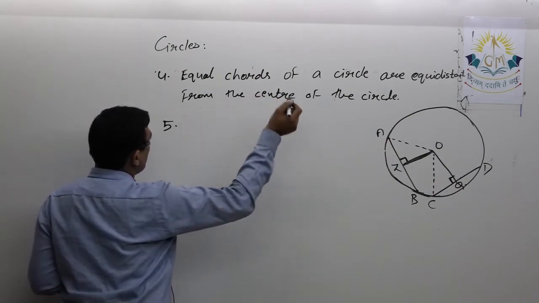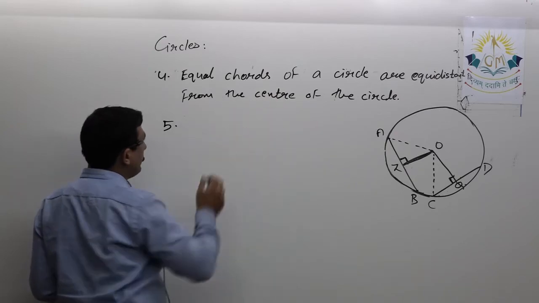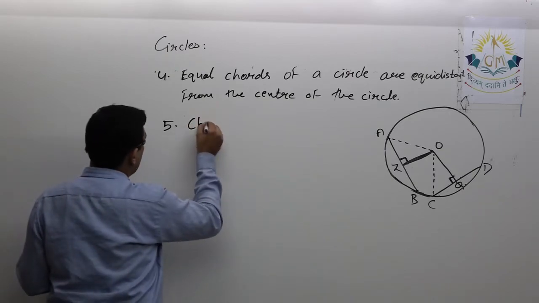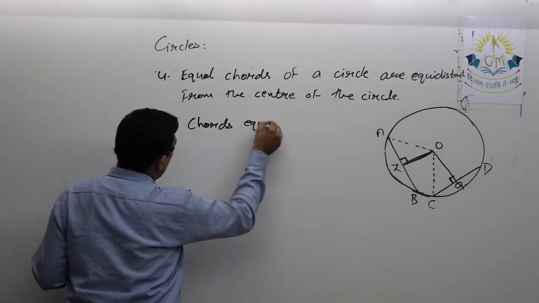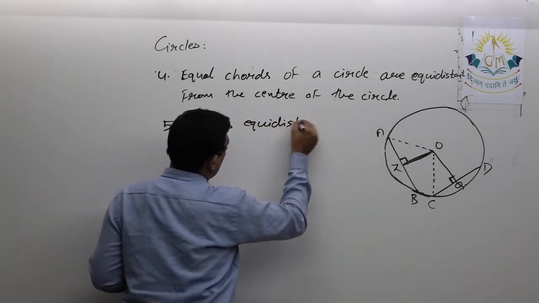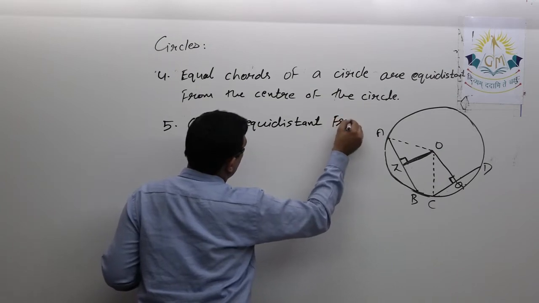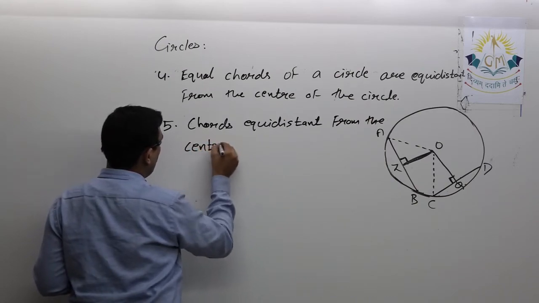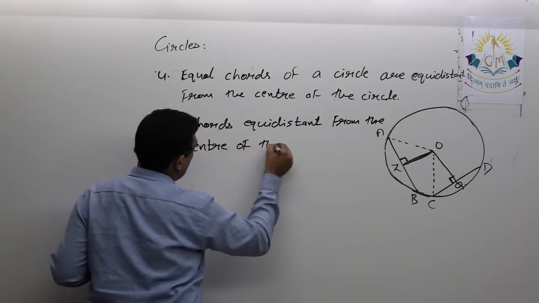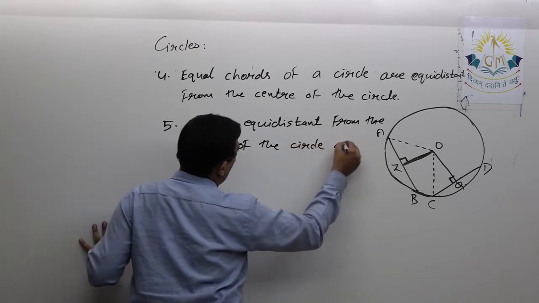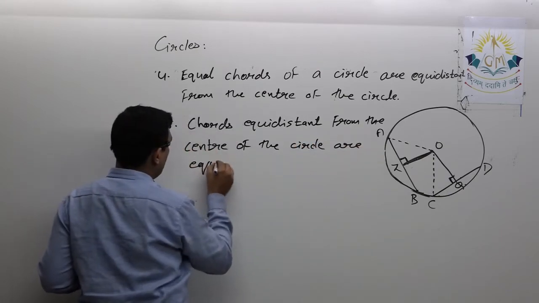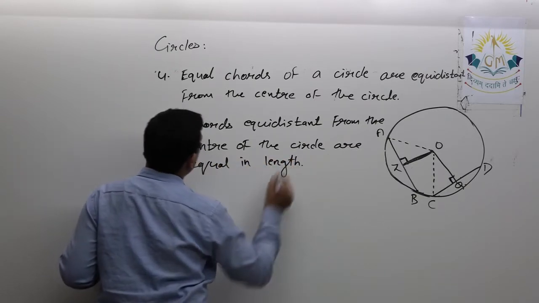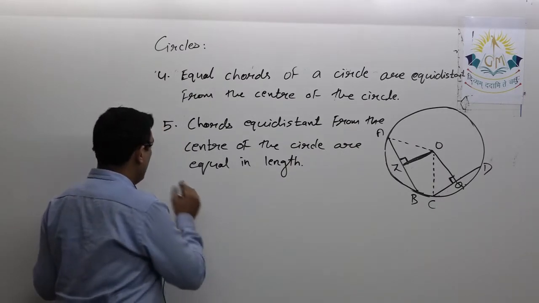So chords which are equidistant from the center of the circle are equal in length.